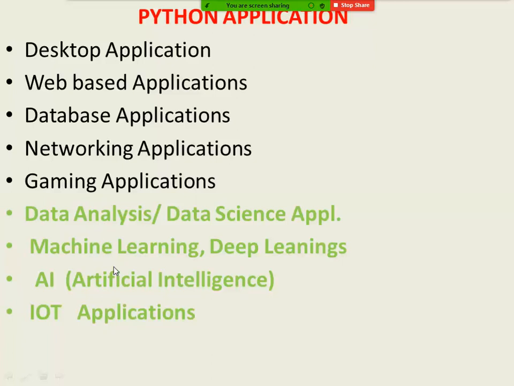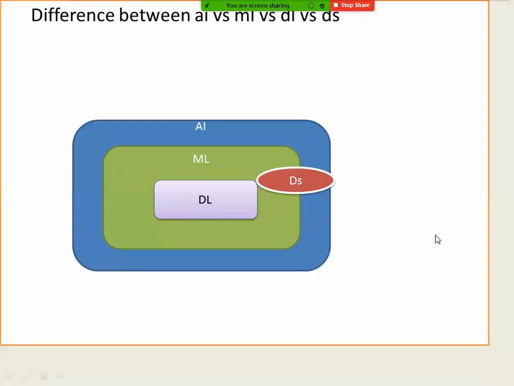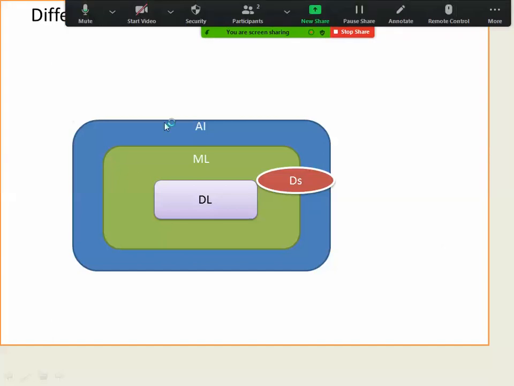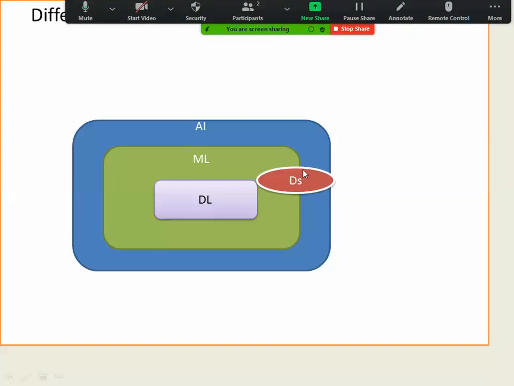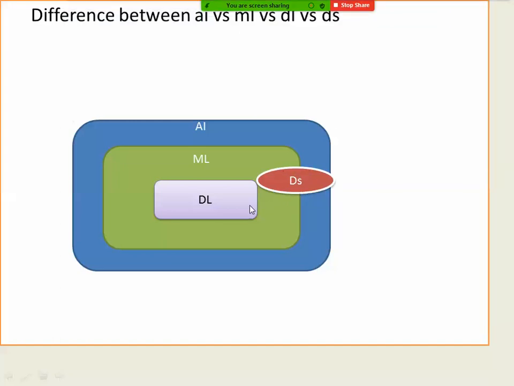Let me explain. Python is famous for developing artificial intelligence applications, machine learning applications, deep learning applications, and data science applications. Data science is the combination of deep learning, machine learning, and artificial intelligence. First, what is artificial intelligence?